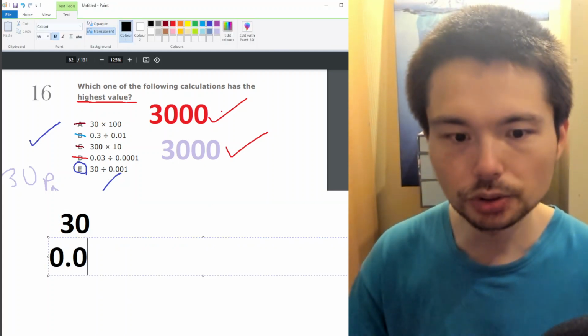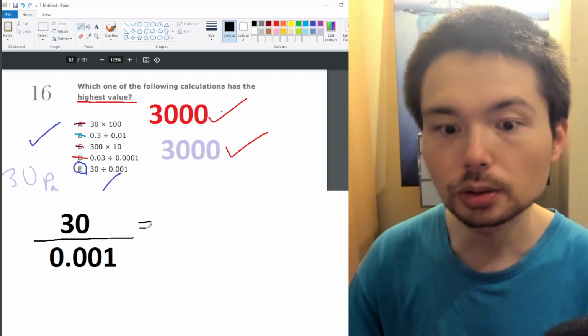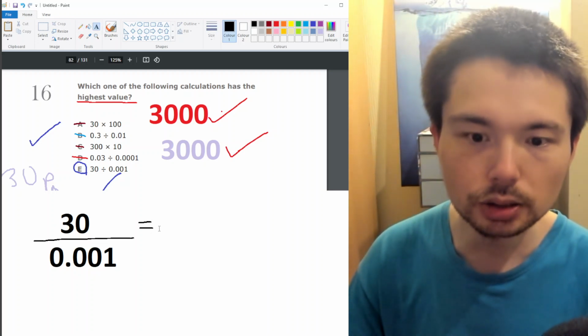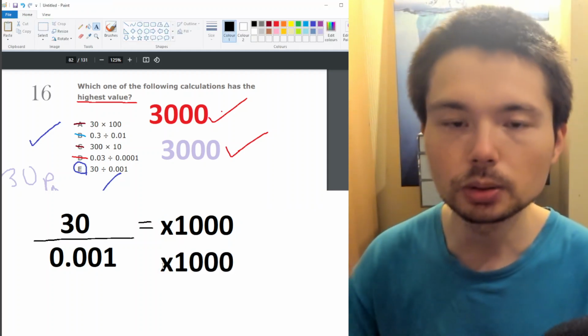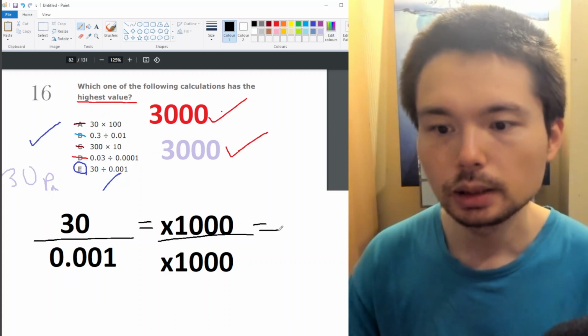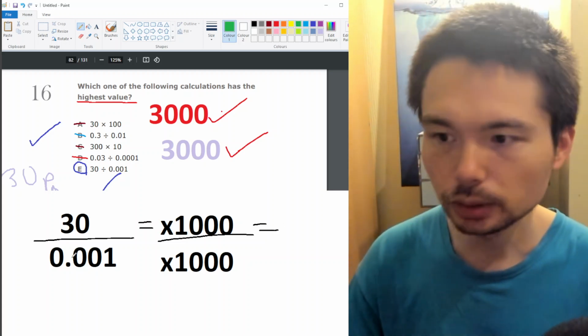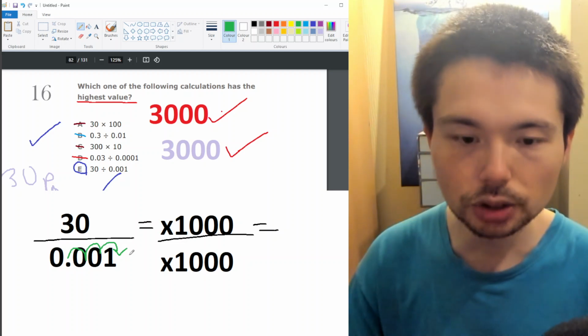30 divided by 0.001. We are timesing top and bottom by 1,000 because we need to get rid of the decimal on the bottom. Why are we doing that? Because we want to make the numbers whole and it is easier to deal with. Let's just hop. 1, 2, 3. We're moving 3 places to the right.